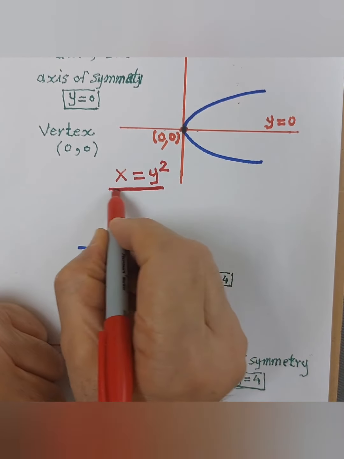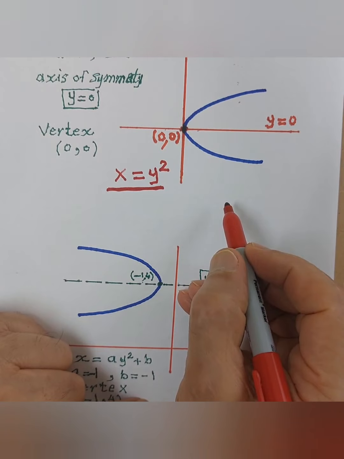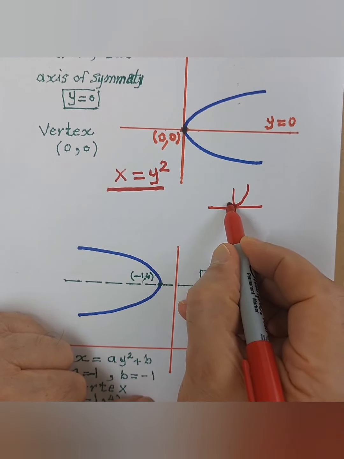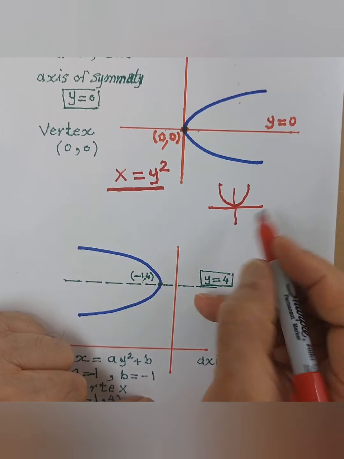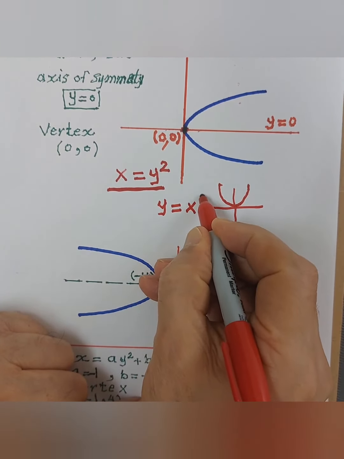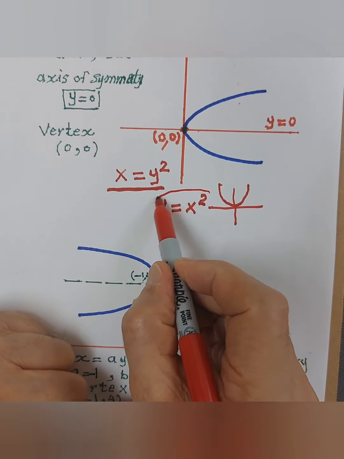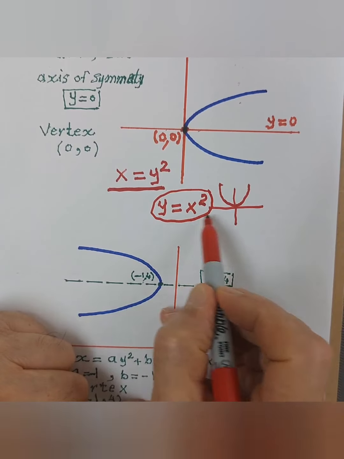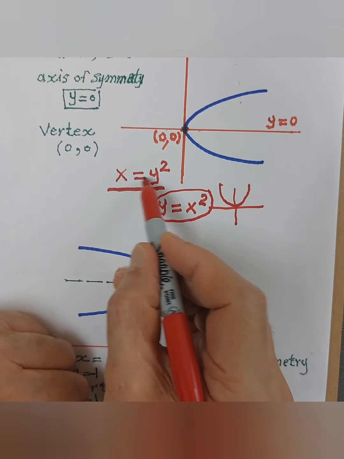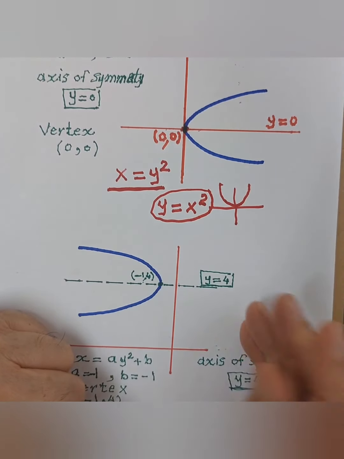You see, in the previous shape, when we drew it this way, we wrote the equation y equals x squared in the simplest form. You see the difference here? y equals x squared for this shape, but for this shape, we write x equals y squared as we switch x and y together.